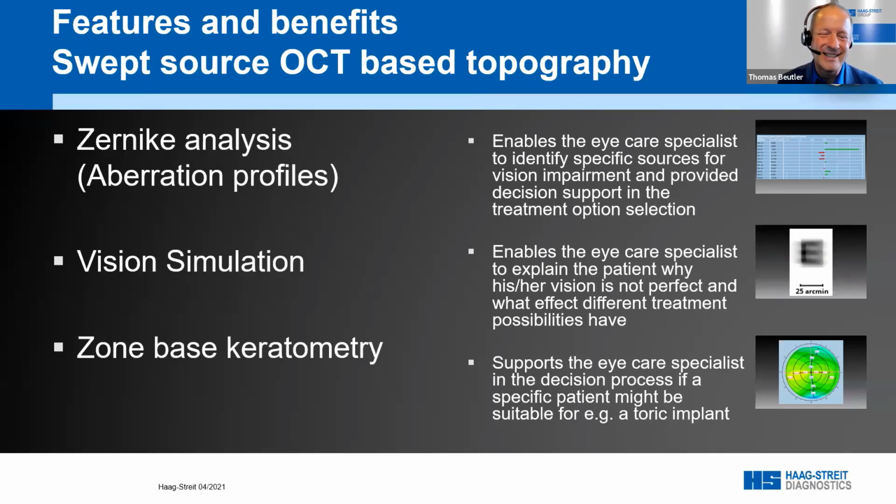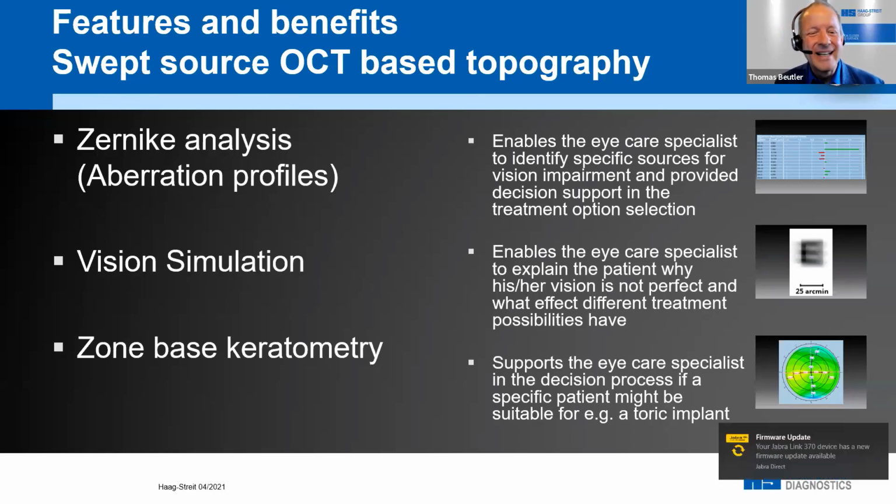I'm sorry about that, it's always a word I'm stumbling on. You can see against the rule, with the rule astigmatism. You can see trefoil. Everything is there at hand for you. And it also helps you to judge whether a particular patient is a candidate for a premium IOL, or whether I better go for other solutions.